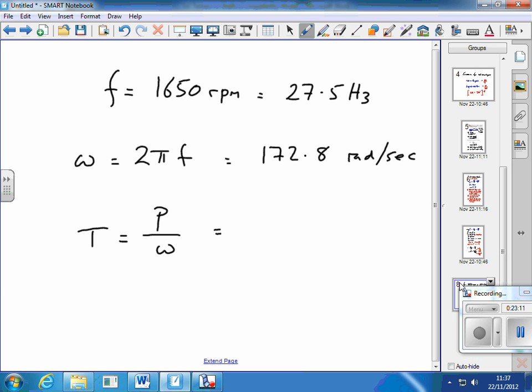You divide 1,650 by 60. That's telling me it's 1,650 revolutions every minute. I want to know how many revolutions it does in a second. So divide it by 60, which gives 27.5.